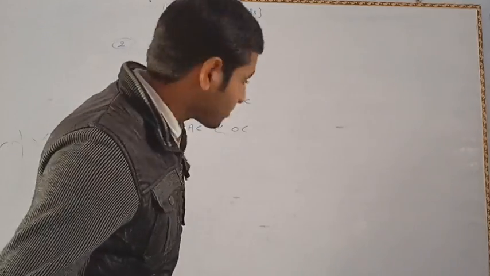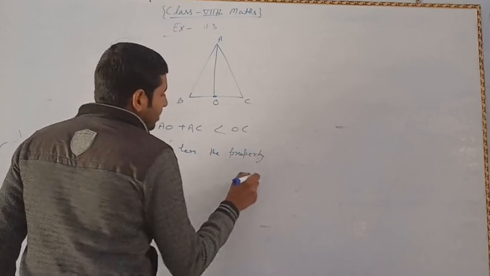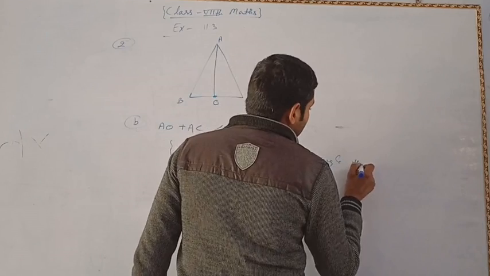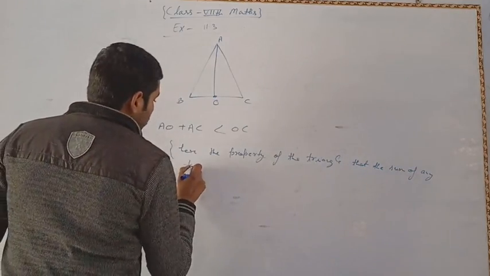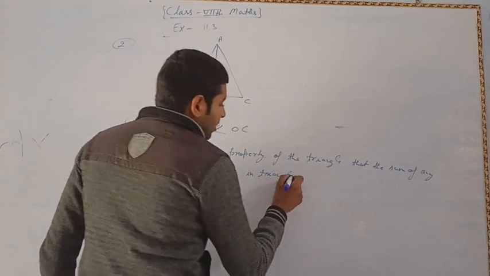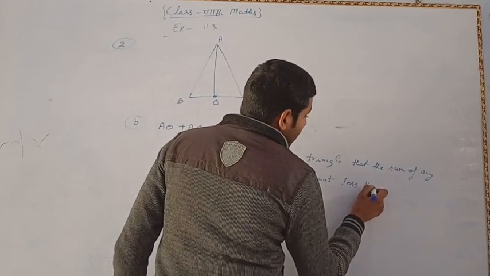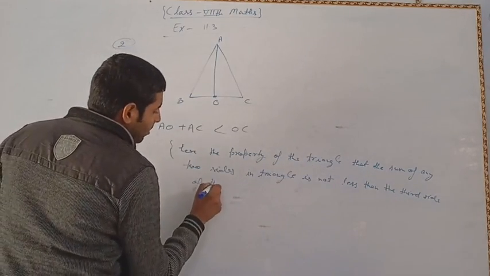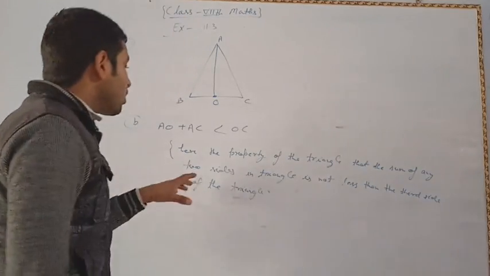So you have to write here the property of the triangle, that the sum of any two sides in a triangle is not less than the third side of the triangle. This is the reason.